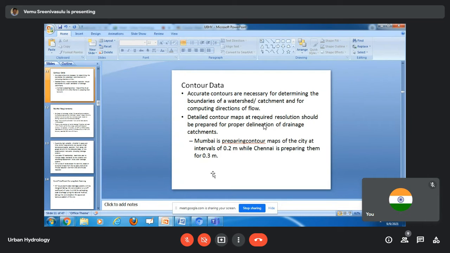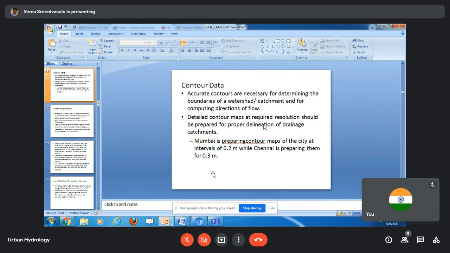In Survey of India topo sheets you can see 100-meter, 10-meter, 20-meter contour intervals. But that coarse scale, meaning the vertical interval of 5 meters or 10 meters, does not serve any purpose in urban hydrology.